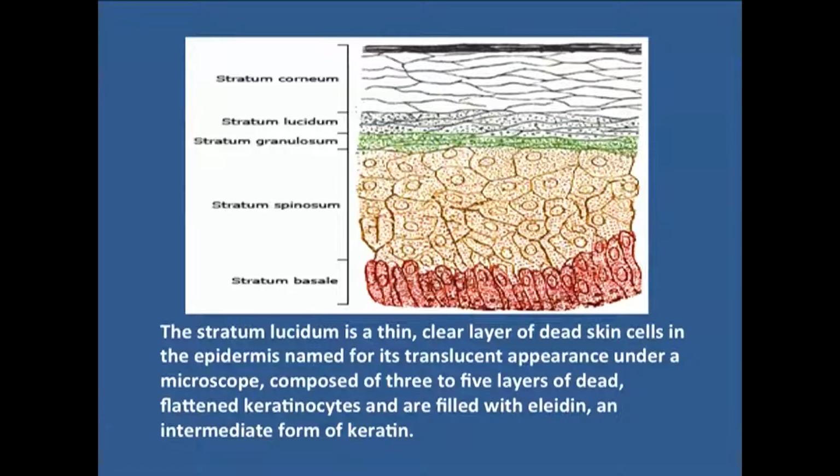Similarly, the second layer is also called the stratum lucidum. Stratum lucidum is a relatively thin layer. It is also formed of dead cells, flattened cells called keratinocytes, because they contain a high amount of keratin and one of its derivative proteins called eleidin.